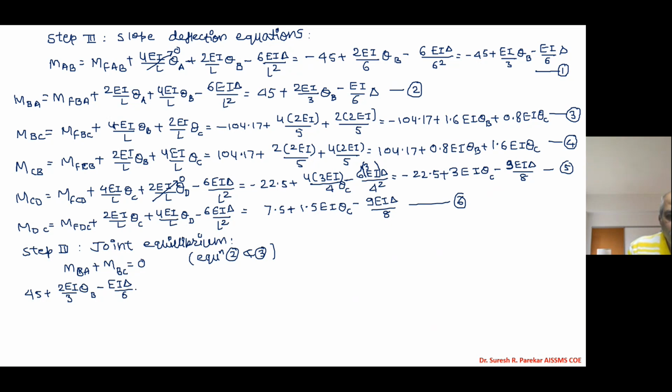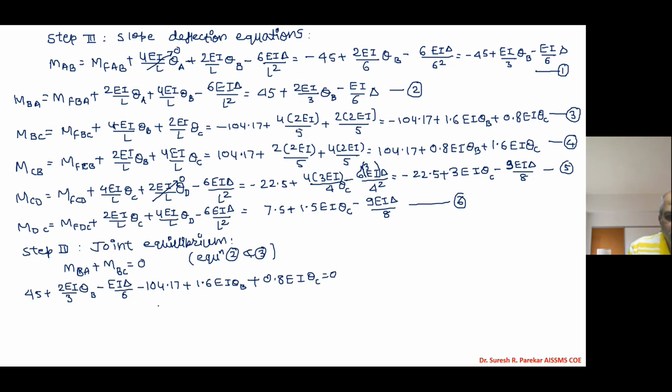For BC we have minus 104.17 plus 1.6 EI theta B plus 0.8 EI theta C equal to 0.